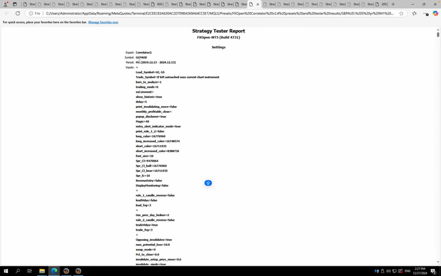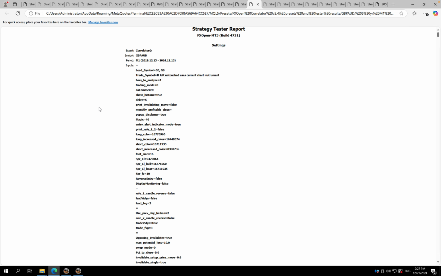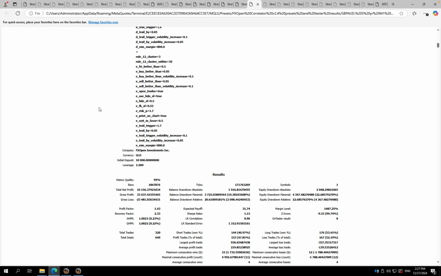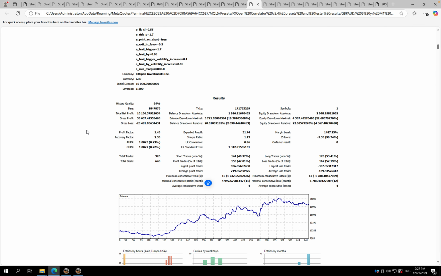Next one, GBP AUD, and the results here are with a 10,000 deposit. Total net profit is 10,156. So that's just over 100% over 5 years.